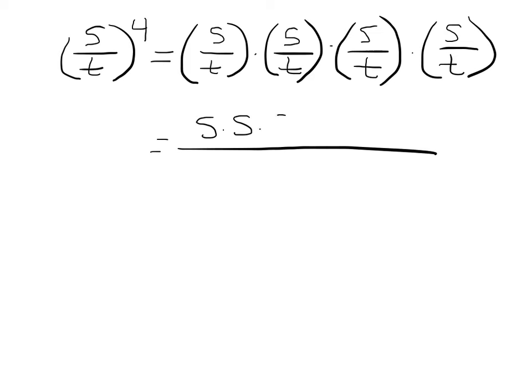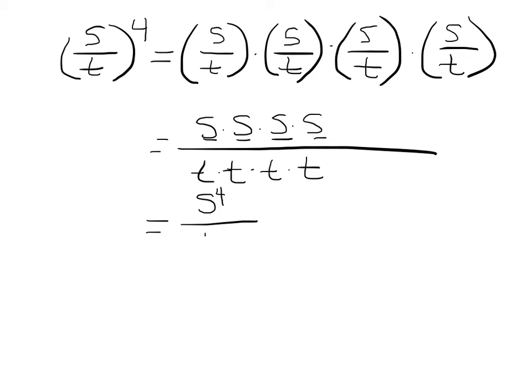So I have s times s times s times s, 4 times, and I have t times itself 4 times. Then, using my definition of exponent, I can simplify this so that I have s to the fourth, because I have 4 s's in my numerator, and in my denominator I would have t to the fourth because I have 4 factors of t.